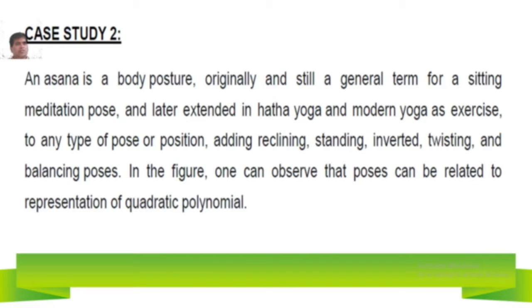So we are discussing a case study on chapter 2, that is polynomials, case study number 2. An asana is a body posture originally and still a general term for a sitting meditation pose, and later extended in hatha yoga and modern yoga as exercise to any type of pose or position, adding reclining, standing, inverted, twisting, and balancing poses.